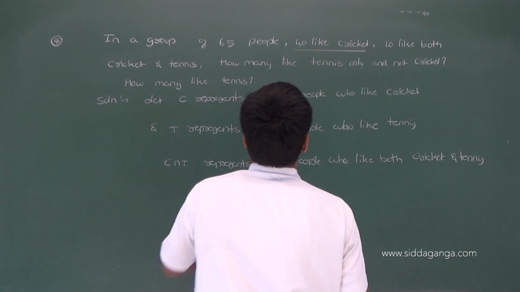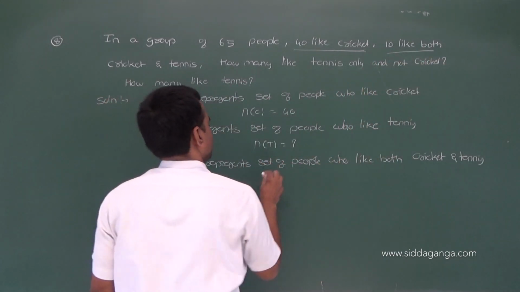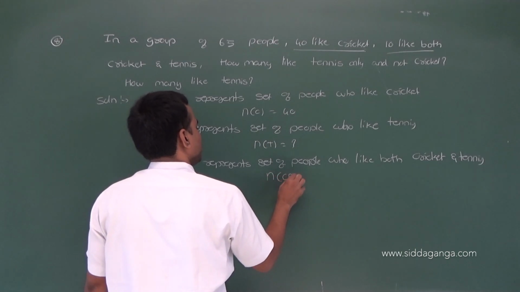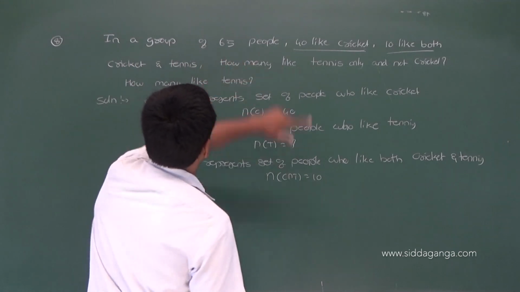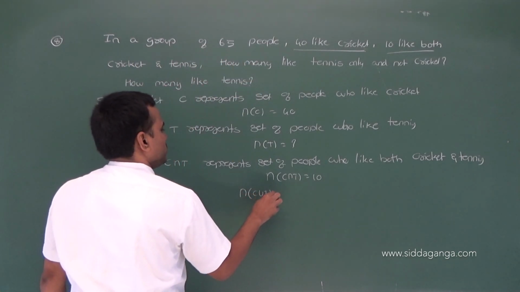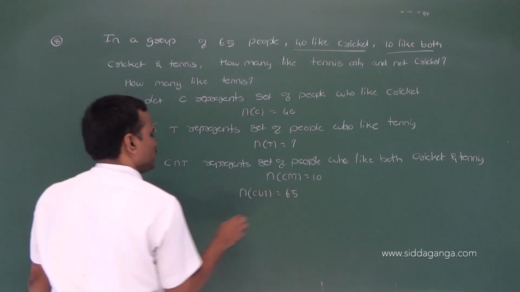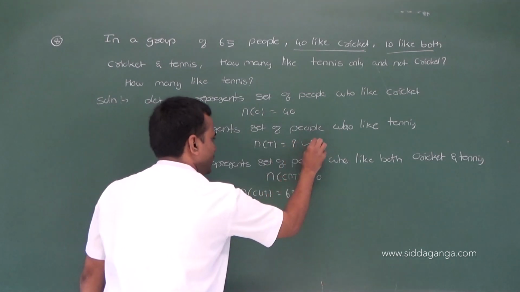That is also given. 10 like both cricket and tennis. N of C intersection T is 10. One more he has given: in a group of 65 people, so n of C union T is equal to what? 65.